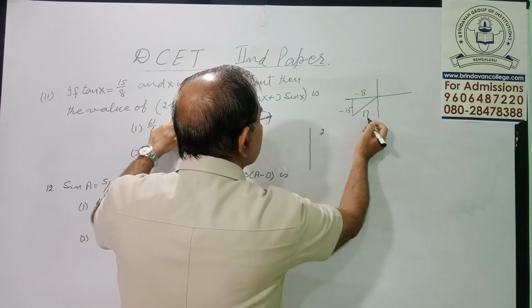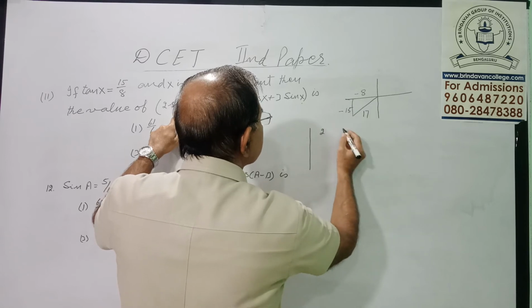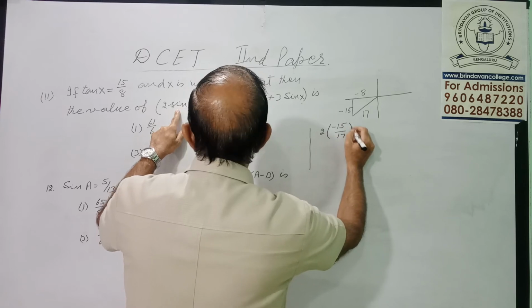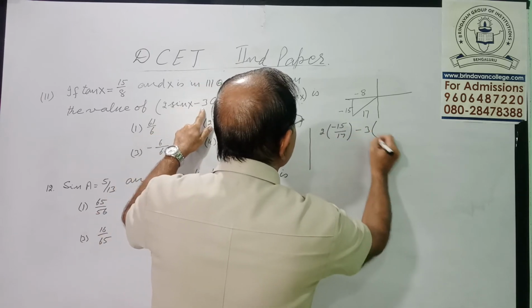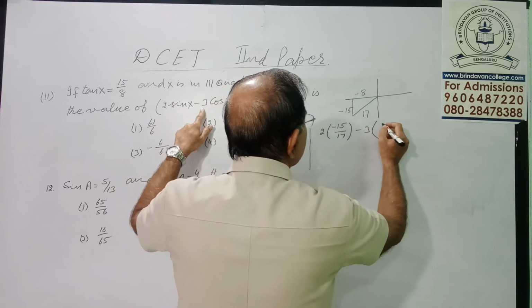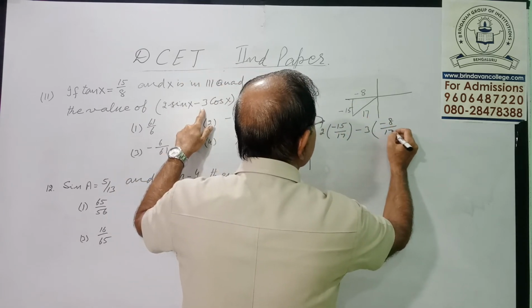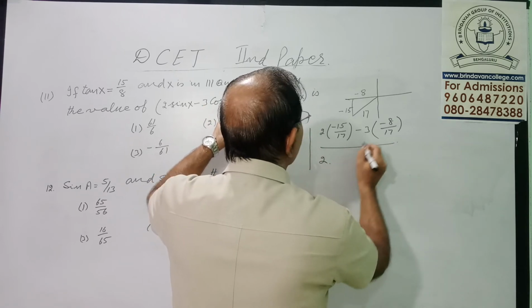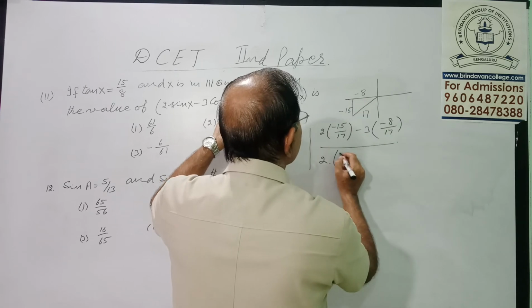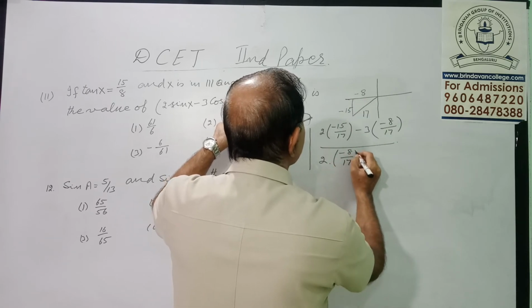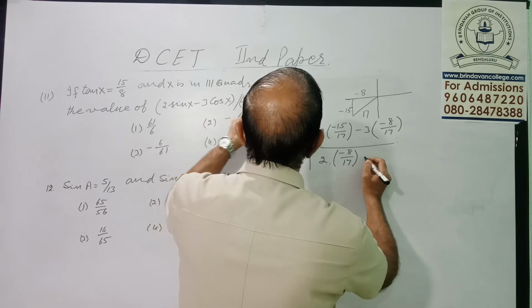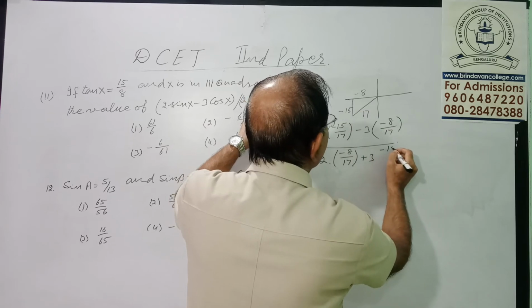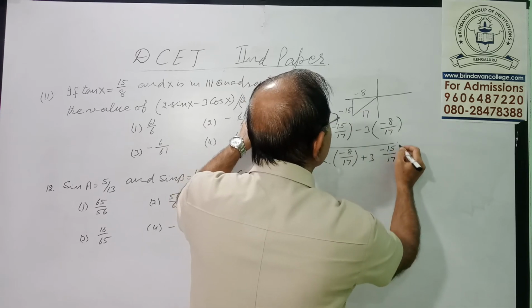Write here the value of sin, which is p by h, that is minus 15 by 17, minus 3 cos x, b by h, b is minus 8, h is 17. That will be the numerator, denominator will be 2 cos x, that is base, minus 8, hypotenuse 17, then plus 3 sin x, that is p minus 15 by h 17.